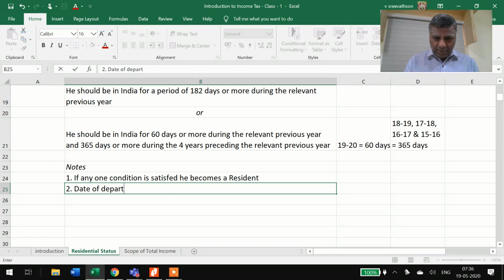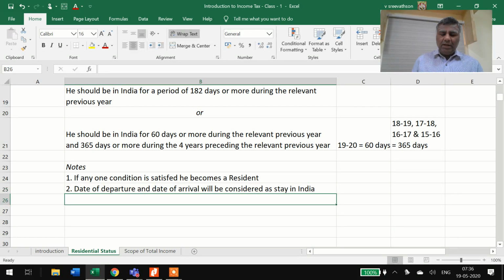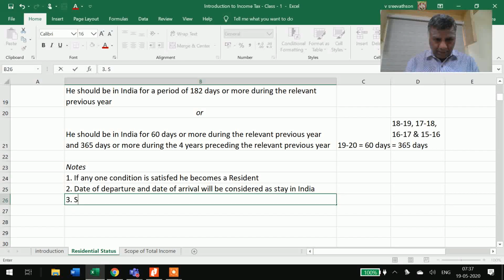Date of departure and date of arrival will be considered as stay in India. Third, the stays need not be continuous.